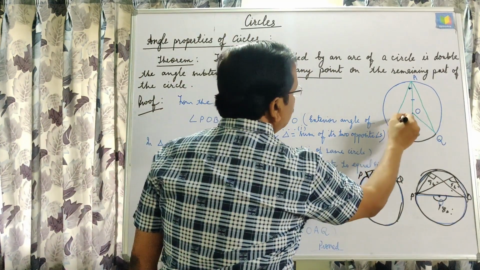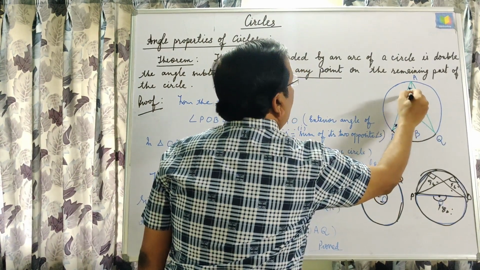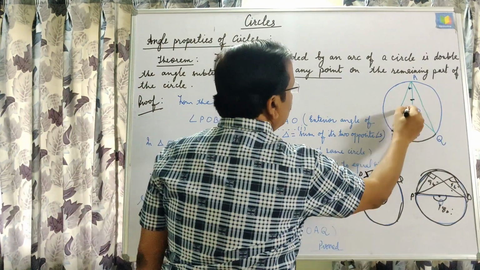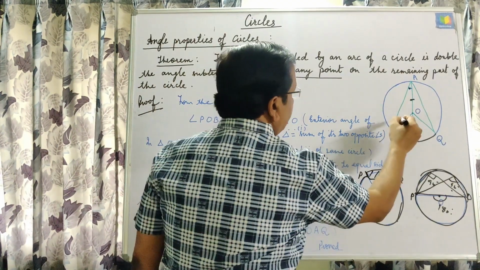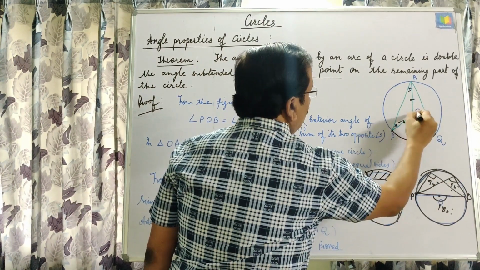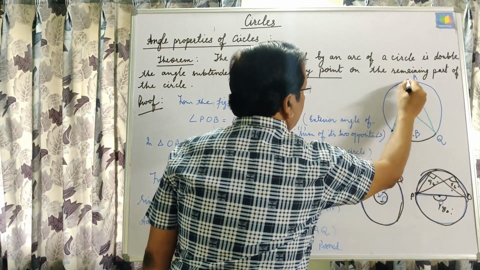But here these two interior angles are equal because they are opposite to equal sides. How are the sides equal? Both are radii, and that is why this is equal to this. This angle POB is equal to OPA plus PAO.